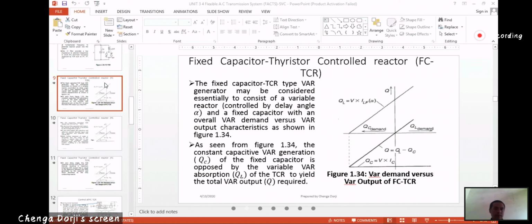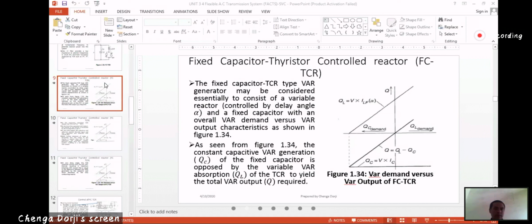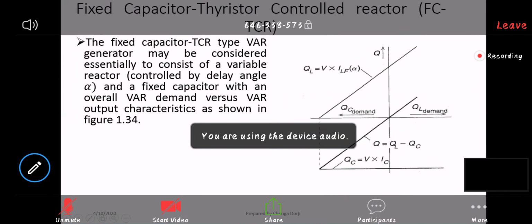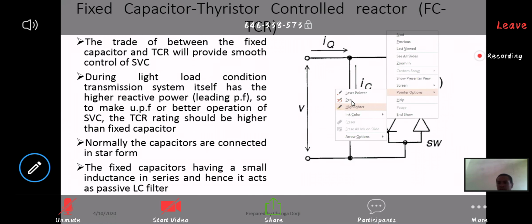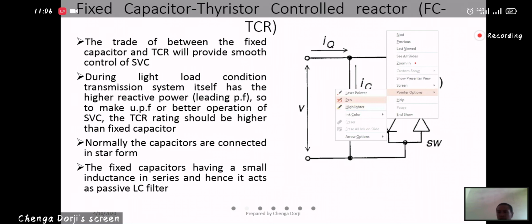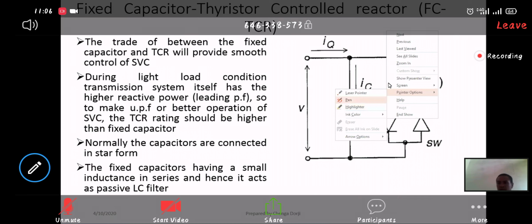Yesterday we had the capacitor connected in parallel, and we have seen this part also.